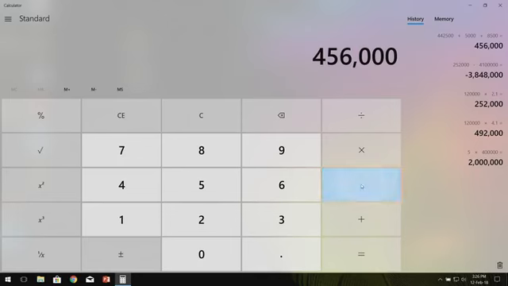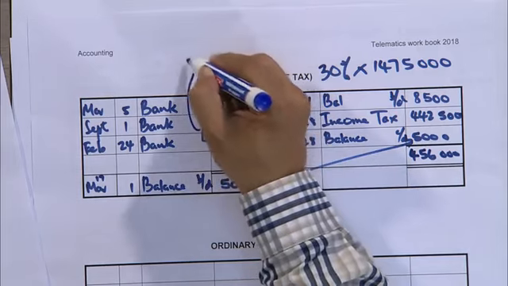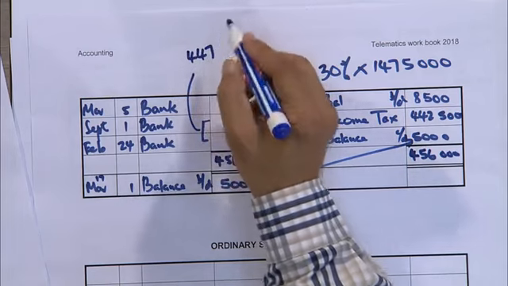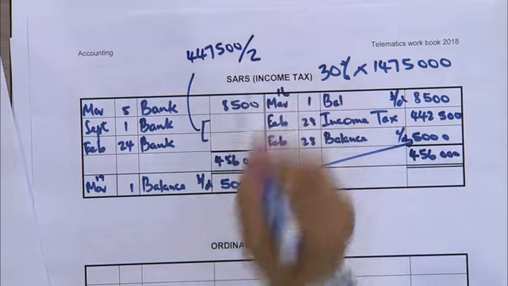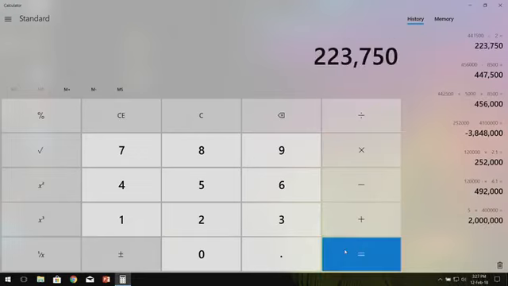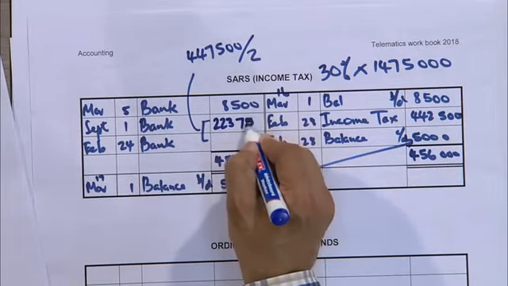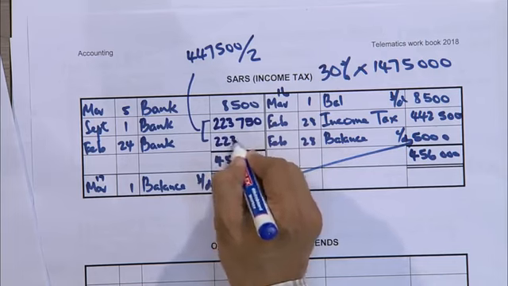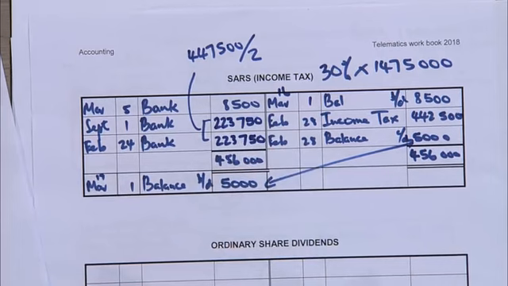Then obviously I have to take away 8,500. Then I get that total is 447,500. But it says two equal payments. So I just divide that by 2. So I get 223,750. That is what those two totals are made up of.